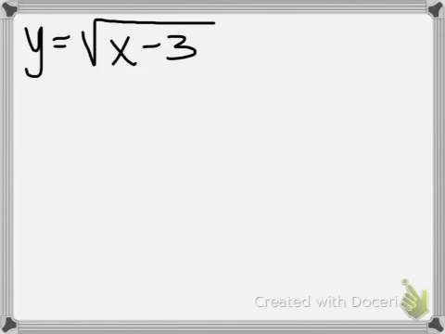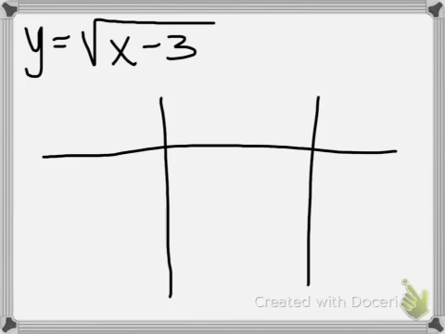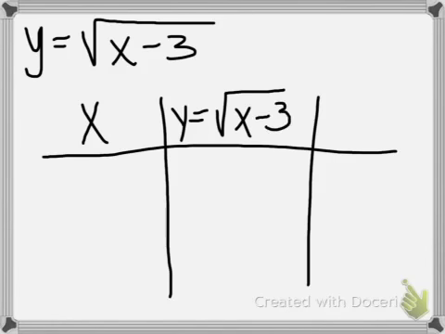Now we are going to begin on the second equation. So again, we are going to make a table. On the left will be x. In the middle, this time will be y equals the square root of x minus 3. And on the right will be y. And this time we're going to insert numbers 3 through 7: 3, 4, 5, 6, and 7.